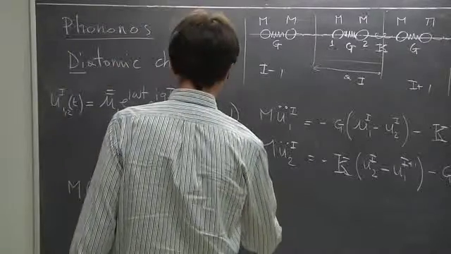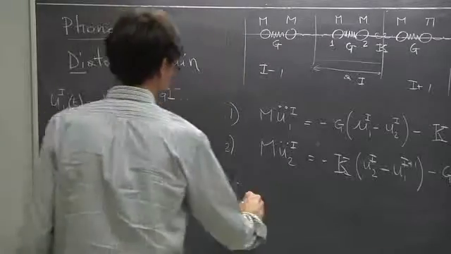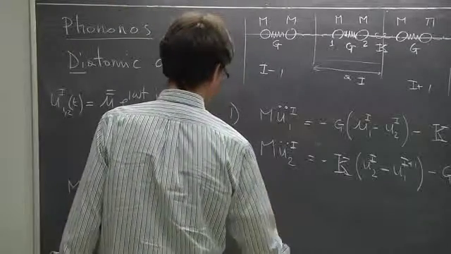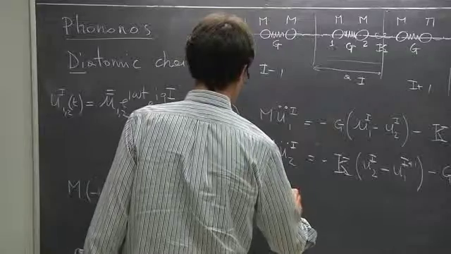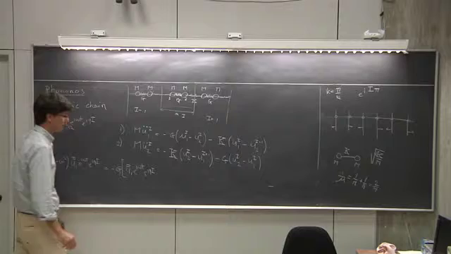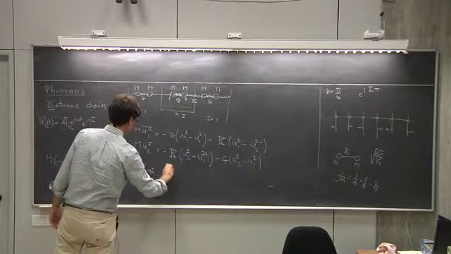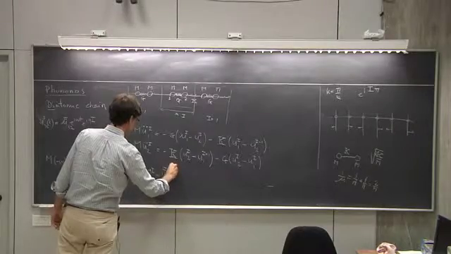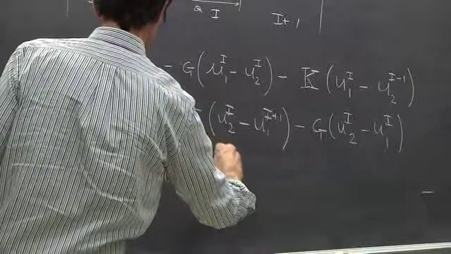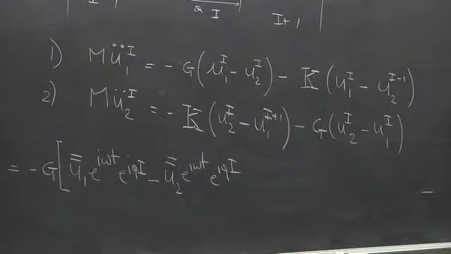Equals minus g, u double bar 1 e to the I omega t e to the I q I minus u double bar 2 e to the I omega t e to the I q I. And that's done.